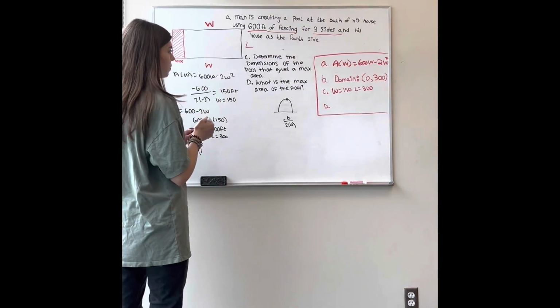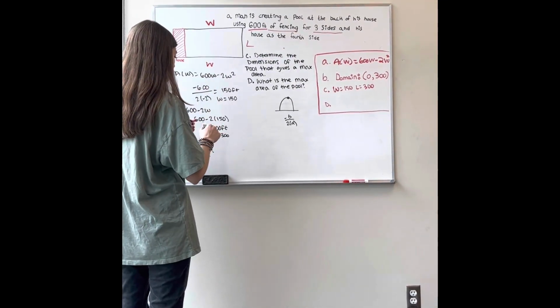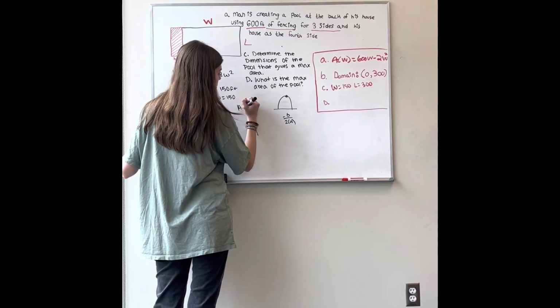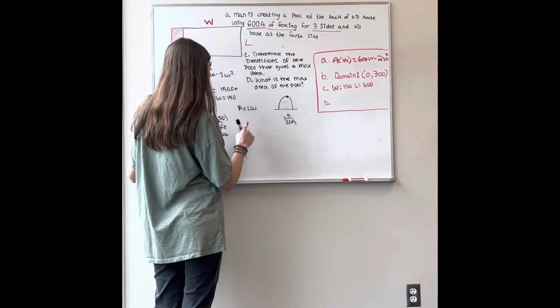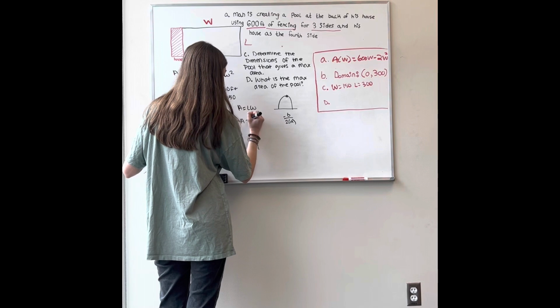Okay, now to find the maximum area of our pool, we know that our area equals length times width, and we know our length is 300 and our width is 150, so we can just multiply those together.